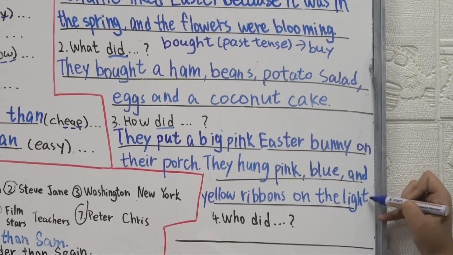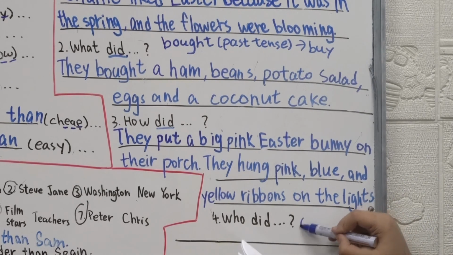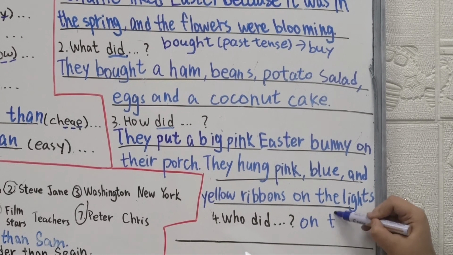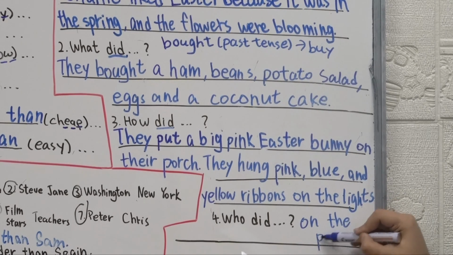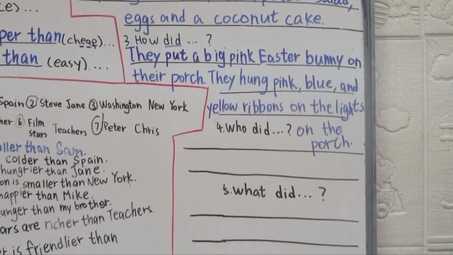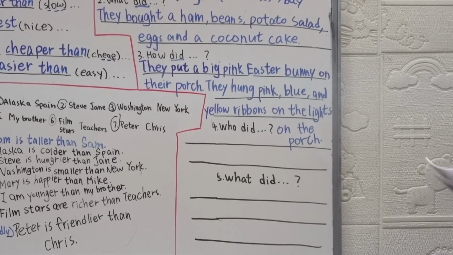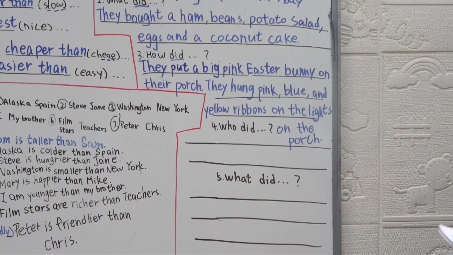Wow, this is a long sentence. On the lights on the porch. Yes, this is how they decorated it, right? They put a big pink Easter bunny on their porch. They hung pink, blue, and yellow ribbons on the lights on their porch. Okay?